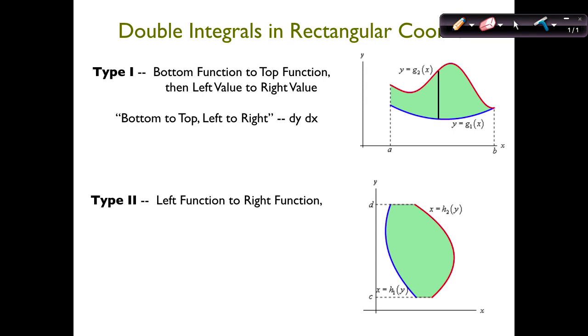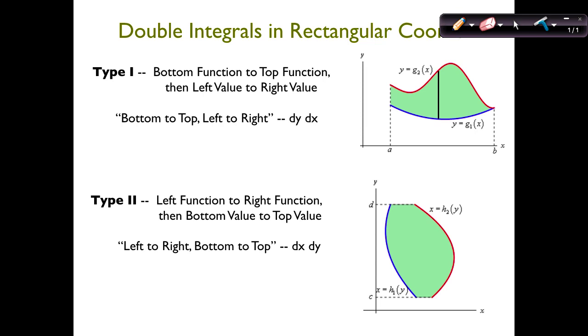So you go left function to right function, and these functions are x as a function of y, and then bottom to top. So that would be dx dy, left to right, bottom to top. So we start left to right like this, and then those strips we integrate for dy, starting from the bottom up to the top.